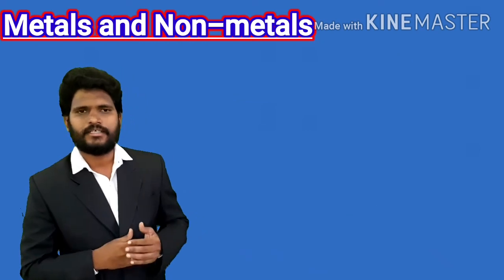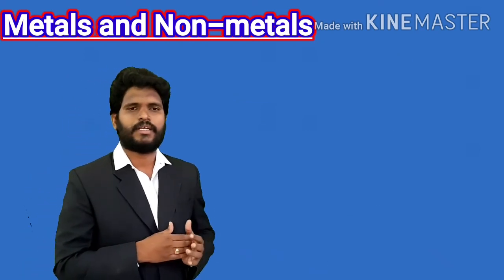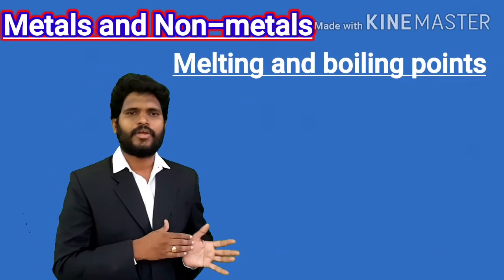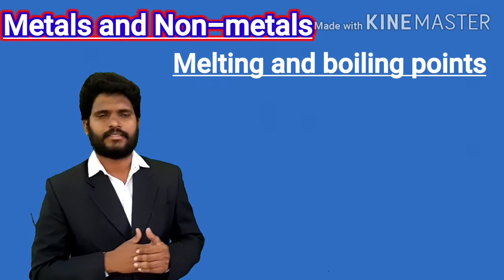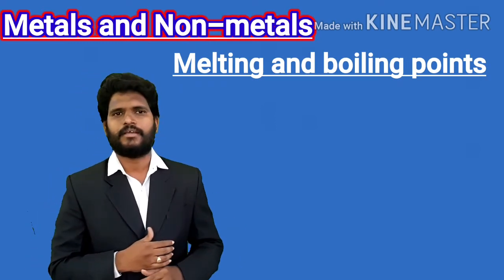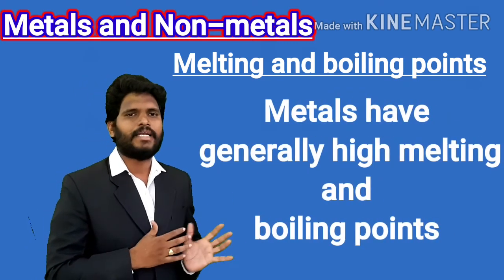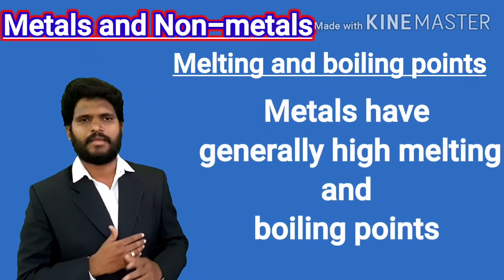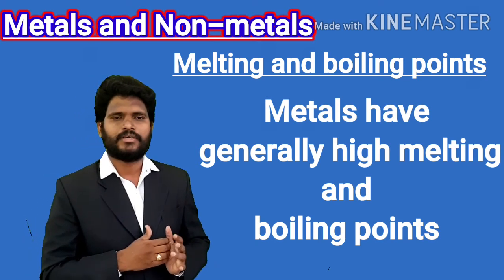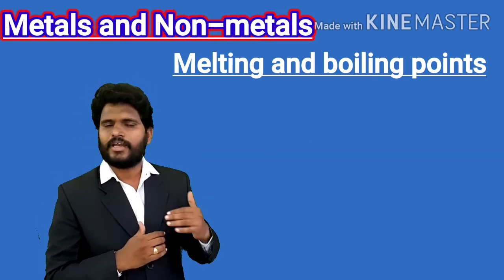The last physical property is the melting point and boiling point. Generally metals have high melting and boiling points. Why?